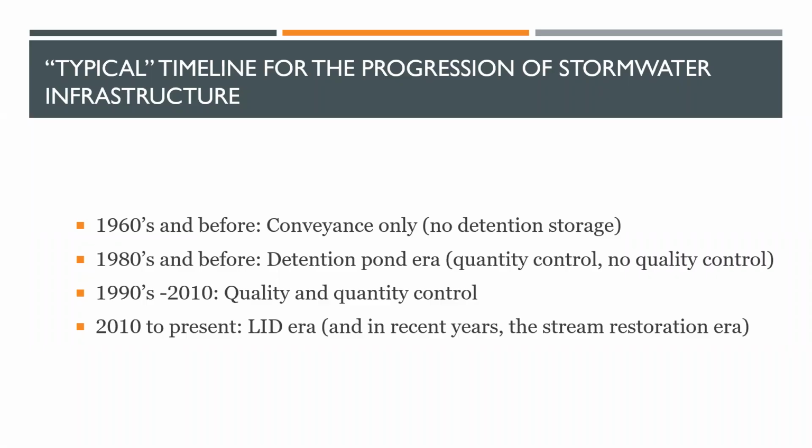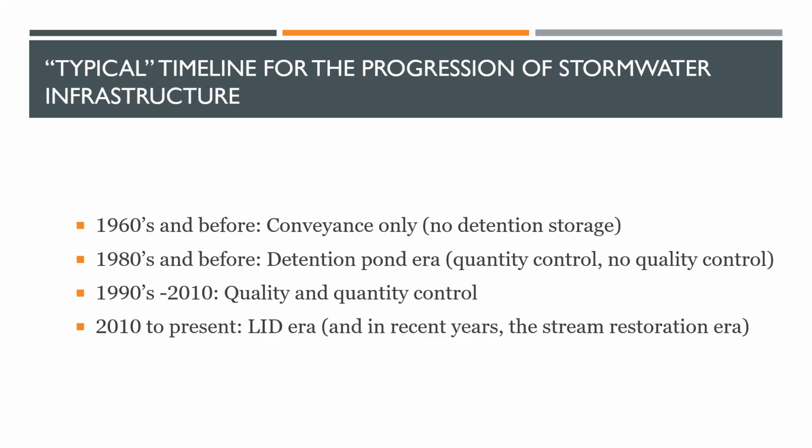So we usually refer to these as our legacy ponds. A lot of them are still around, providing some level of quantity control, although they're not doing much for water quality. And then as we got into the 90s and early 2000s, we started to balance water quality with water quantity until we got to where we are now, which are these distributed, low impact development, green infrastructure practices, and more recently, a lot of stream restoration as well.